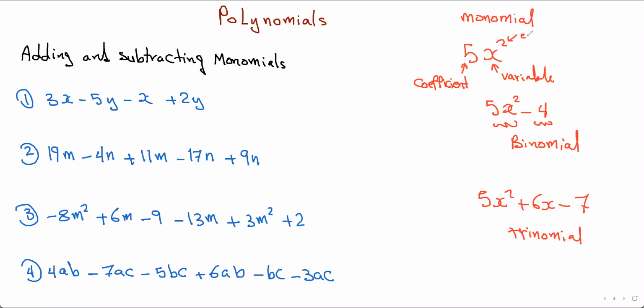And this is the exponent on the x. Now here, when it's a binomial like this, x is the variable, 5 is the coefficient. But when you have a number by itself, we call that the constant.